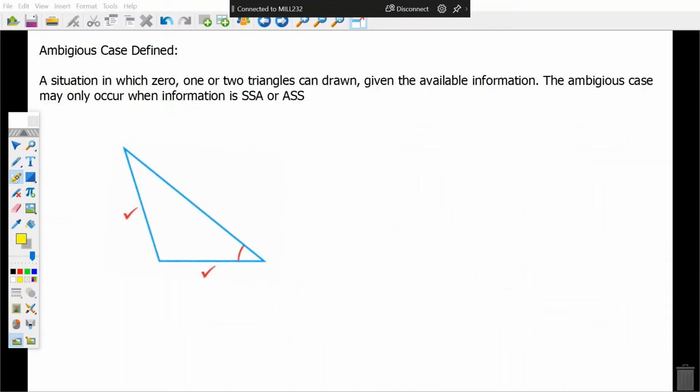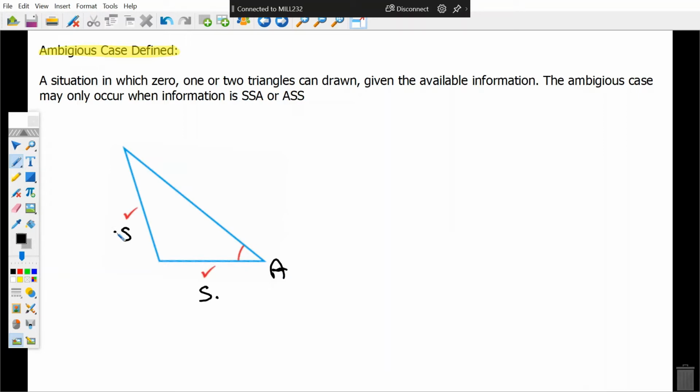So the ambiguous case is defined as a situation in which 0, 1, or 2 triangles can be drawn given the available information. The ambiguous case may only occur when the information is side-side-angle or angle-side-side. Depending on how you look at it, side, side, angle, or if you read it backwards, angle, side, side.